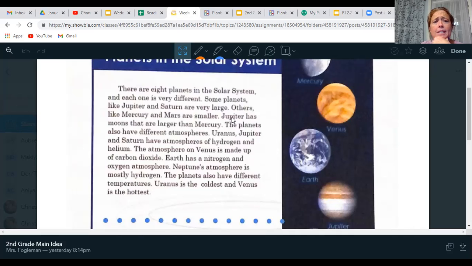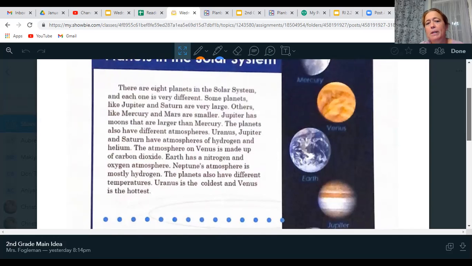Uranus, Jupiter, and Saturn have atmospheres of hydrogen and helium. The atmosphere on Venus is made up of carbon dioxide. Earth has a nitrogen and oxygen atmosphere. Neptune's atmosphere is mostly hydrogen. The planets also have different temperatures. Uranus is the coldest and Venus is the hottest.